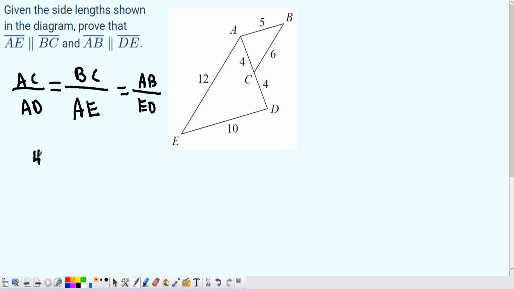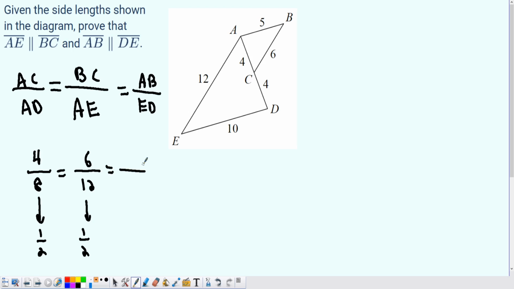AC is 4 over AD is 8. Just be careful, AD is AC plus CD. Now that just reduces down to 1/2. Okay, is that the same as BC over AE? Well, let's see. BC is 6, AE is 12. Well, that also reduces down to 1/2, so it's looking pretty good.